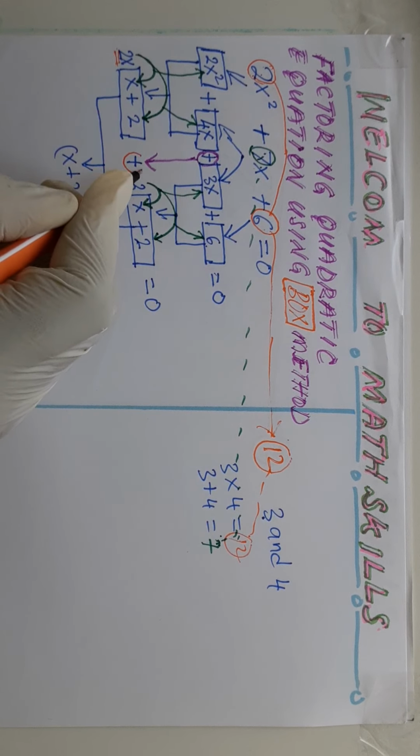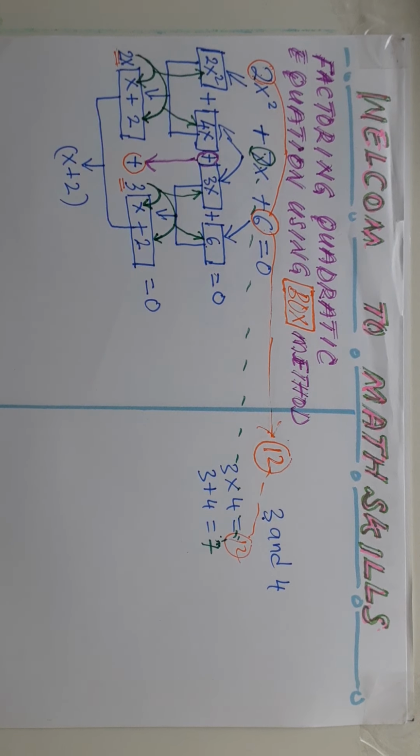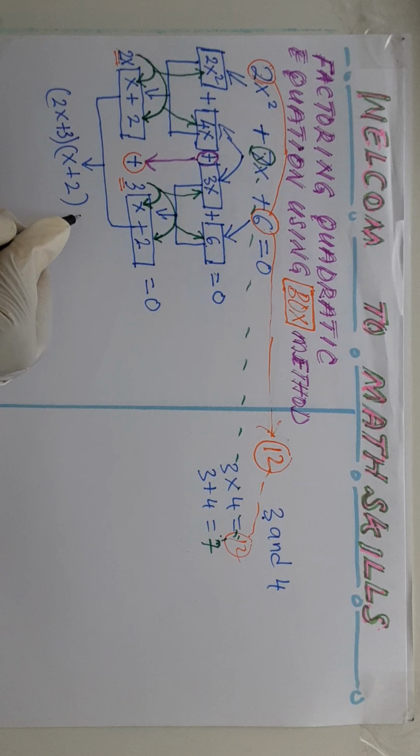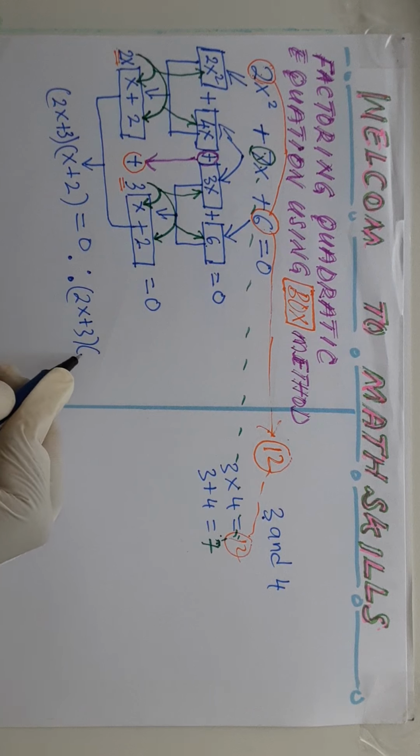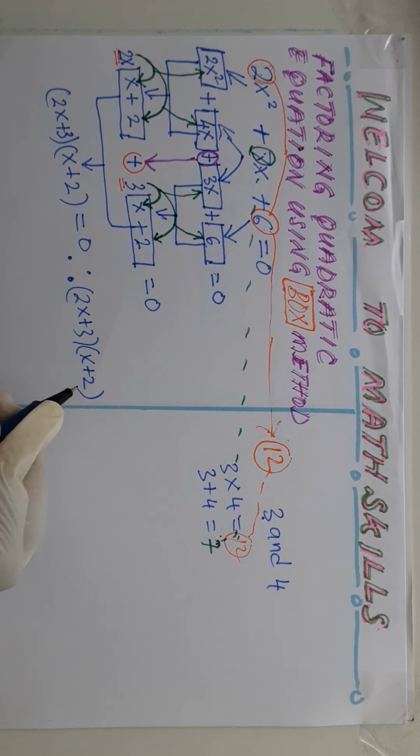Remember, there's a plus here, plus 3. So I'm going to write 2x plus 3 is equal to 0. Therefore, our factors are 2x plus 3 and x plus 2.